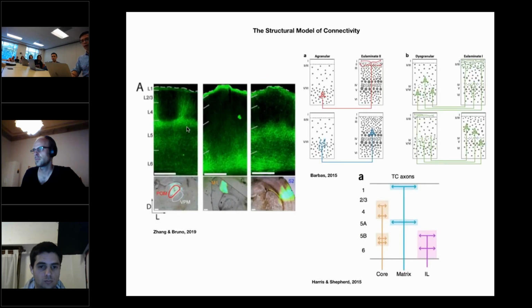And so we know that primary motor cortex, so this is S1, okay? This is M1, and this is S2. So primary motor cortex is directly connected to primary somatosensory. Sorry, what did I say?